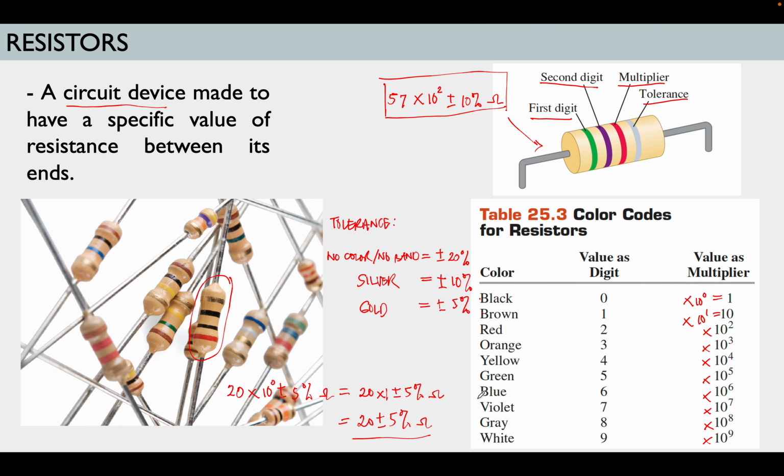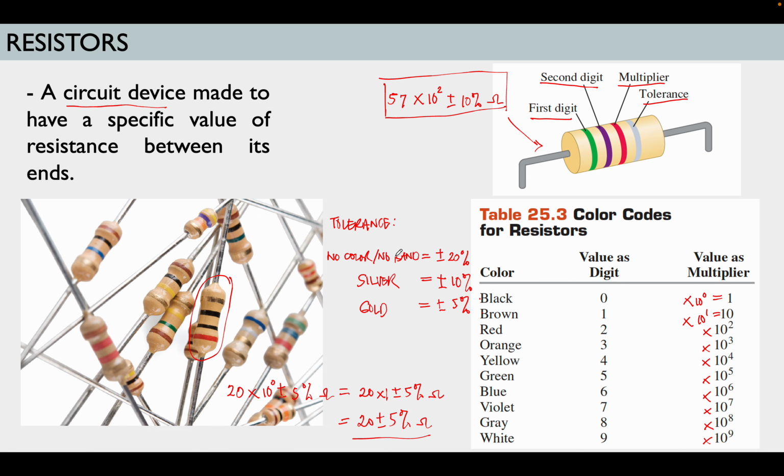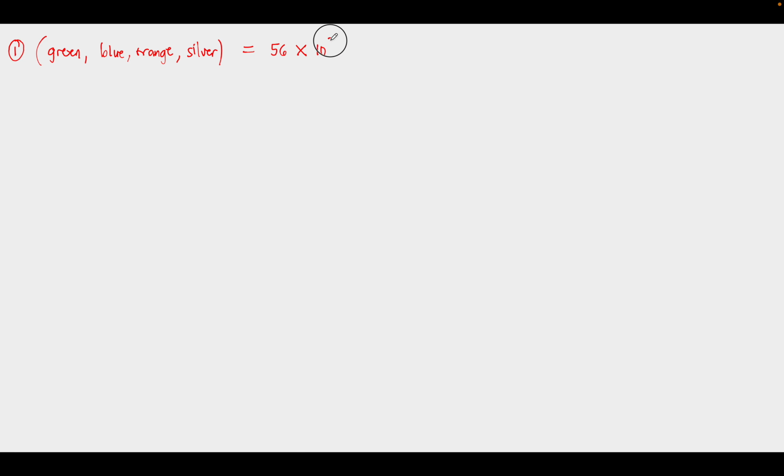Blue is 6. Orange is times 10 to the power of 3. And silver is plus and minus 10% ohms. So the value of the resistance of this specific resistor is equal to 56 times 10 to the power of 3 plus minus 10% ohms.